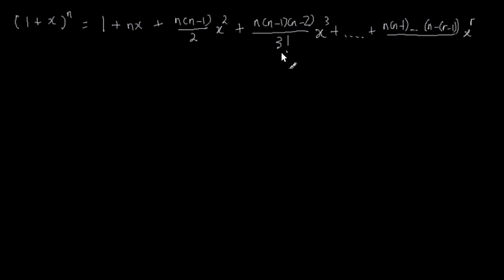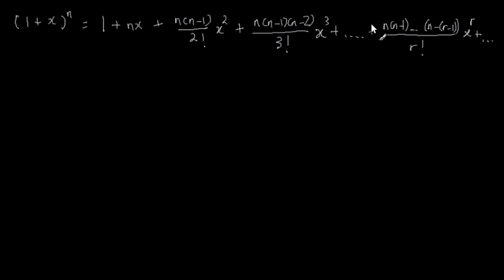And at the bottom, you see I have a 3 factorial when the power of x is 3, and I have a 2, which is the same as 2 factorial, when the power of x is 2. So the pattern is quite simple for the bottom number. If the power of x is r, then at the bottom we have r factorial, plus dot dot dot.